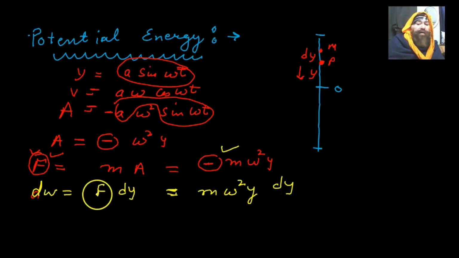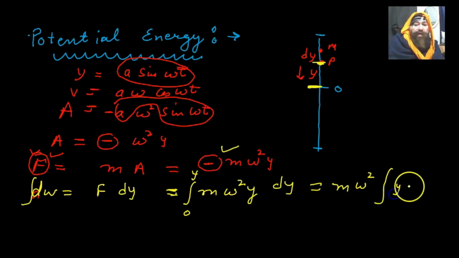Now, what is the total work done when the particle goes from the mean to the point P? For total work done, integrating from 0 to y, m omega square y dy. What is the integration of y dy?